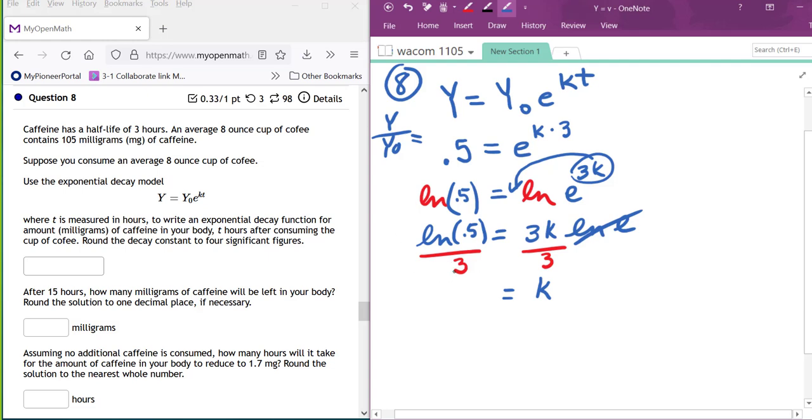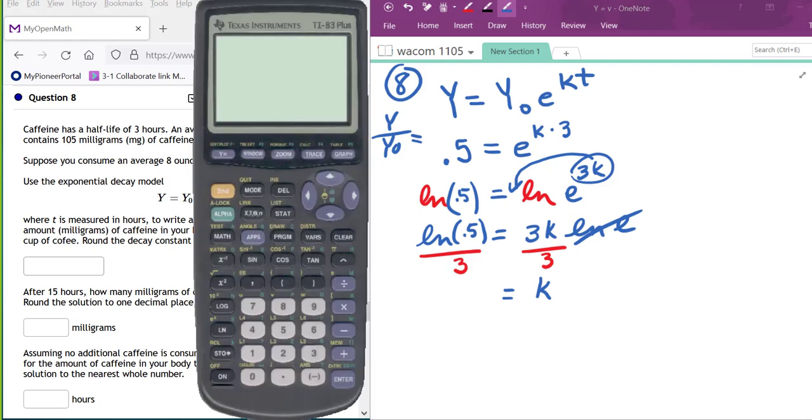Then we will go to our calculator. So we have natural log of 0.5. Make sure your parentheses closes there. Divided by 3. Enter. So we have negative, and we expect negative because it is decaying.